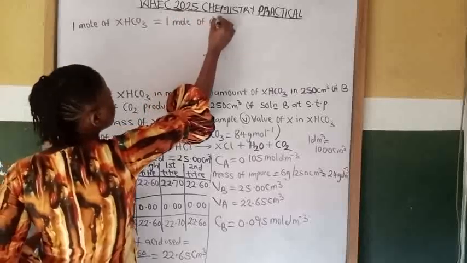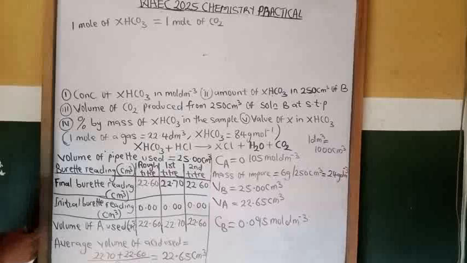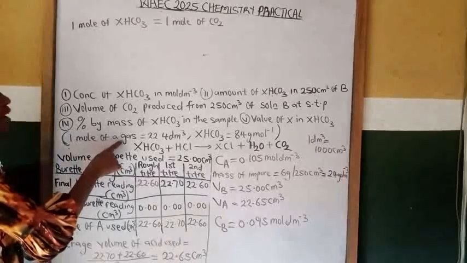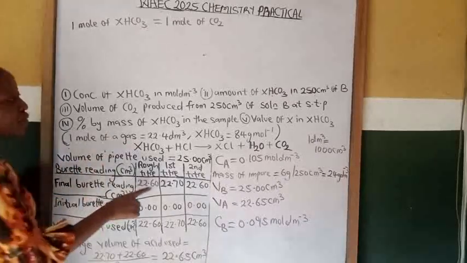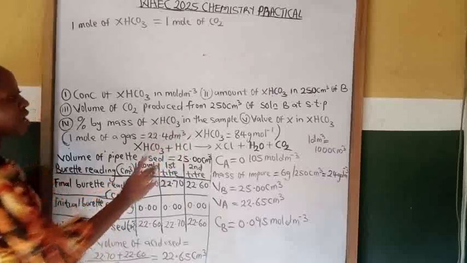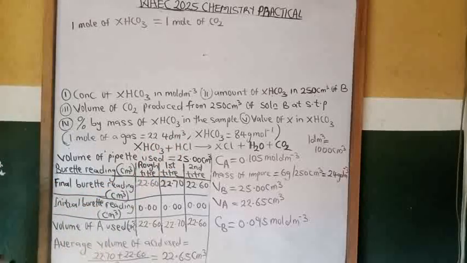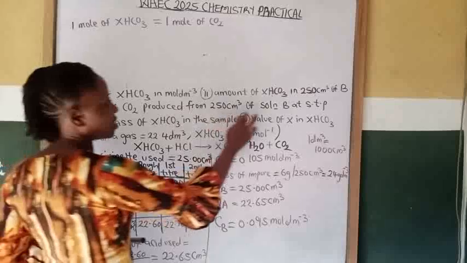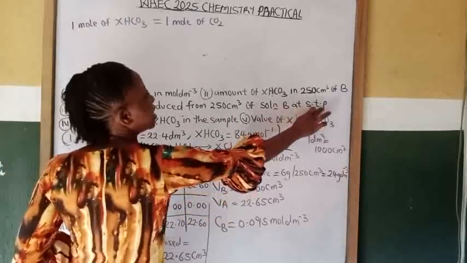Then don't forget that 1 mole of any gas at STP is 22.4 dm cube, it is a constant, because it says solution B at STP.